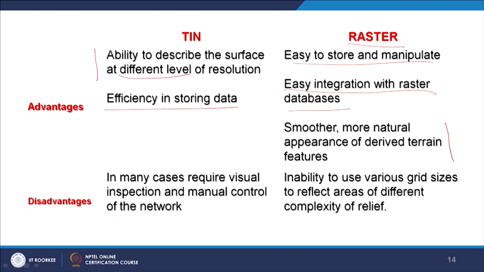If we look at the TIN disadvantage, many cases require visual inspection and manual control of the network, but that is not so with raster. The disadvantage associated with raster is the inability to use various grid sizes within one data set.